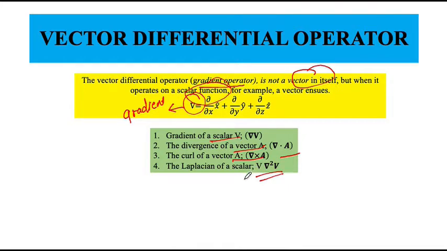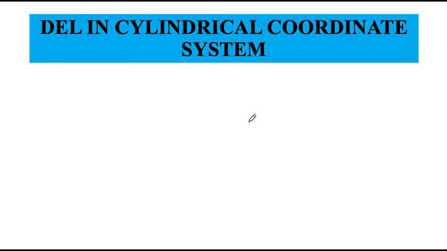Before we do that, it is appropriate to obtain expressions for the del operator in cylindrical and spherical coordinates. This is easily done using transformation formulas. So del in the cylindrical coordinate system r, phi, z is equivalent to the rectangular coordinate system with the z coordinate.